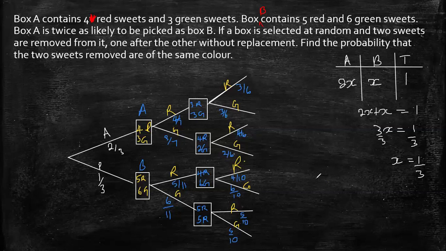So now after drawing our tree diagram, we go back to the question and find out what it exactly required us to do. The question wanted us to find the probability that the 2 sweets removed are of the same color. So where do we have the same color?